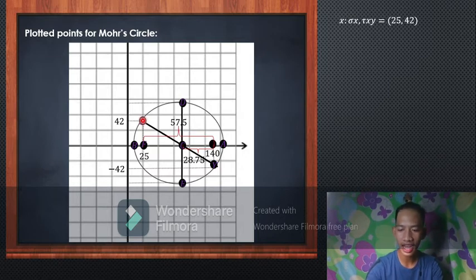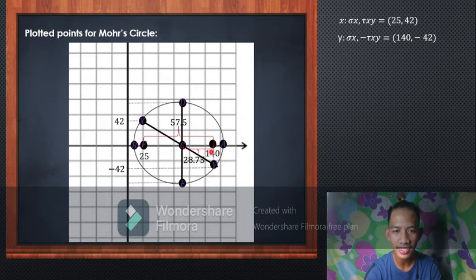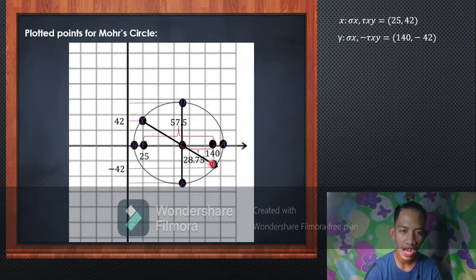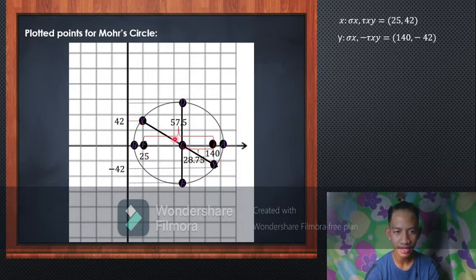Second, I'm going to plot my y coordinates, which are 140 and negative 42 in y. As I get my x and y, I will connect them with a diagonal line.